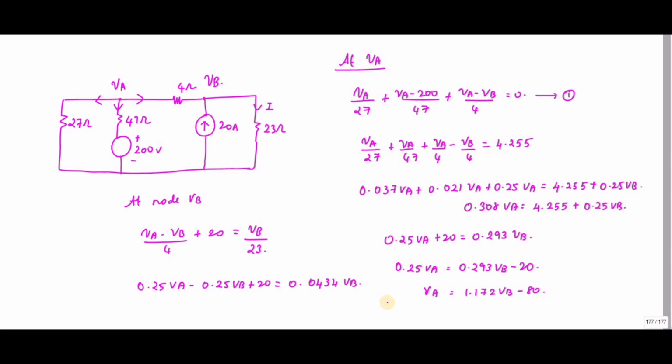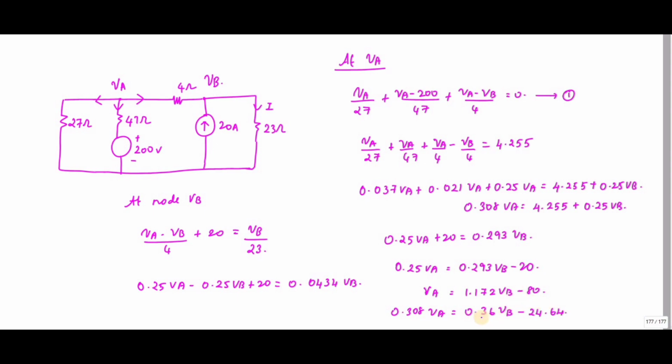So what is VA from 0.308 VA? That is 0.36 VB minus 24.64.